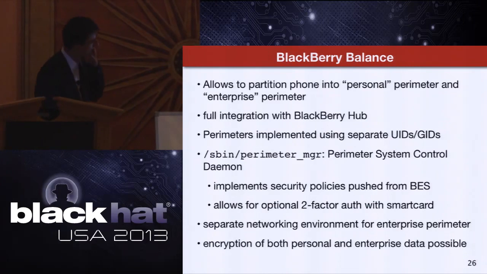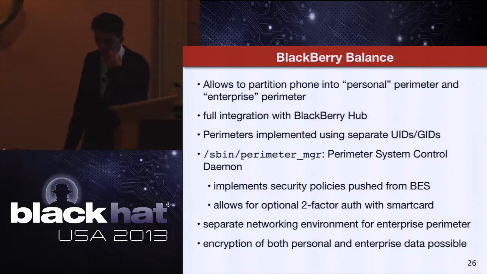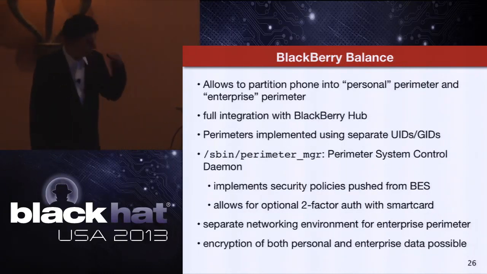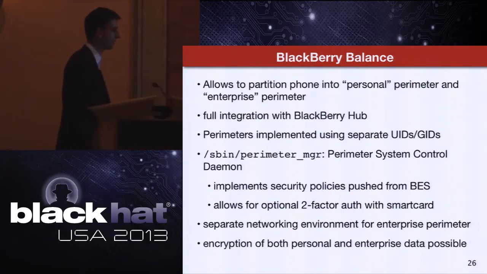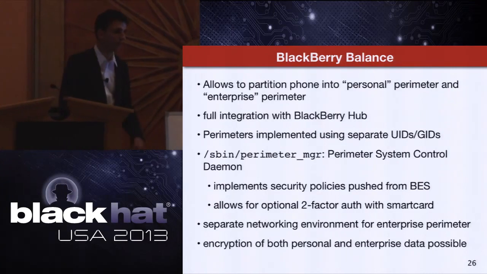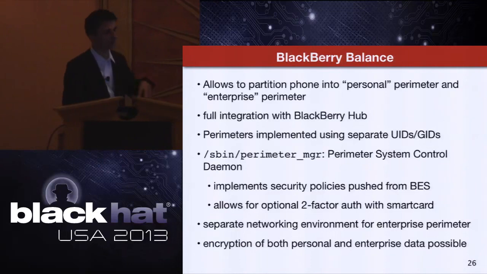But I mean, really, if it's sufficient to root the device, I don't know why you need a smart card. You also have separate networking environments for both the enterprise and the personal perimeter, and encryption of both the personal and the enterprise data is possible.